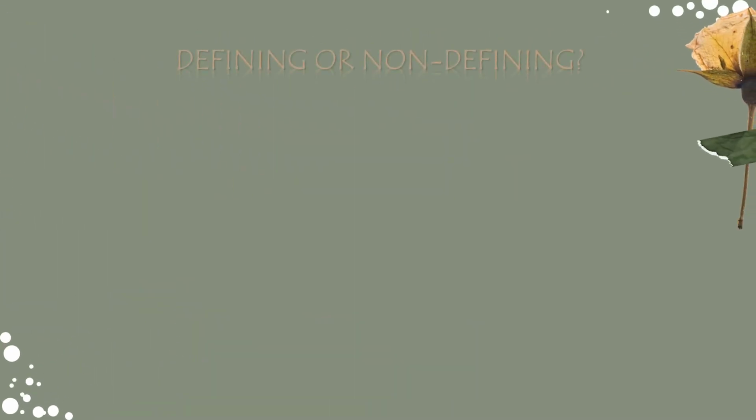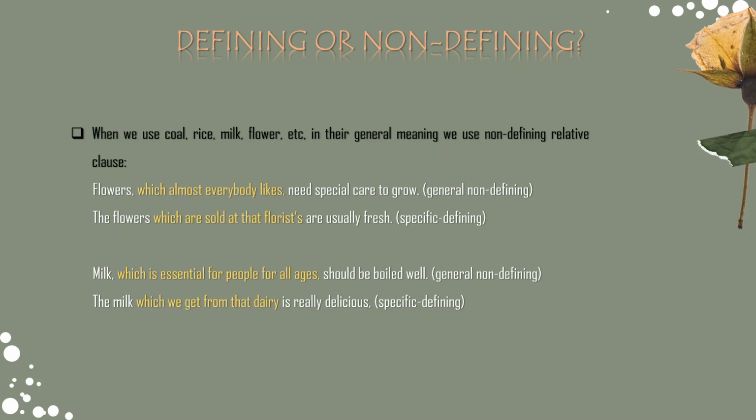Okay, next. When we use coal, rice, milk, flour, etc., in their general meaning, we use non-defining relative clauses. For example, flowers, which almost everybody likes, need special care to grow, is a general non-defining.